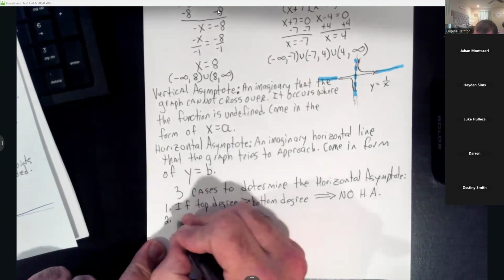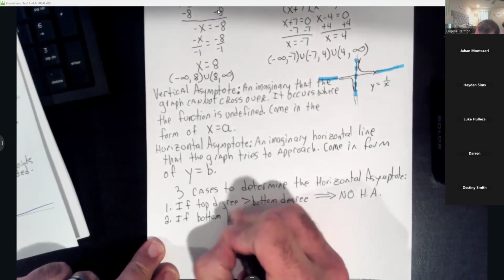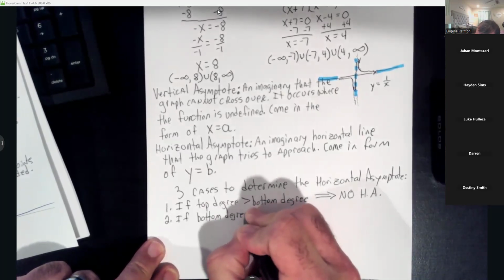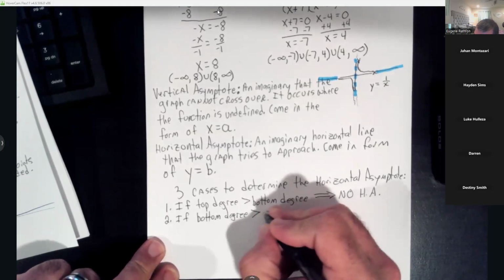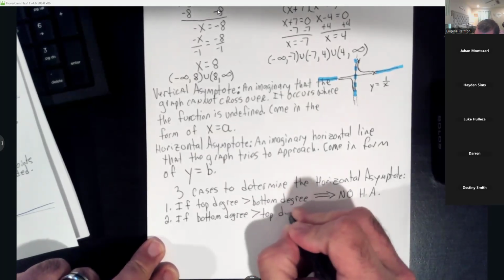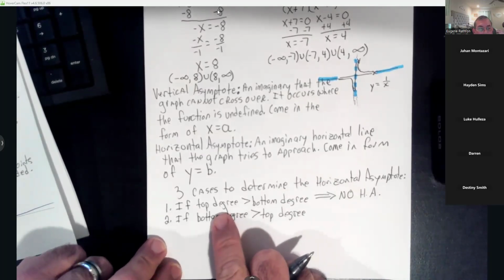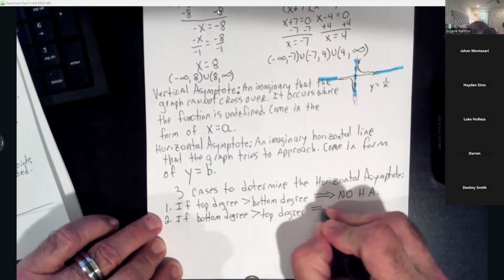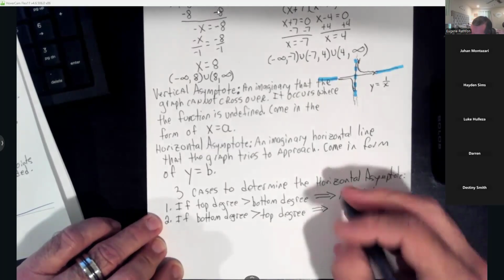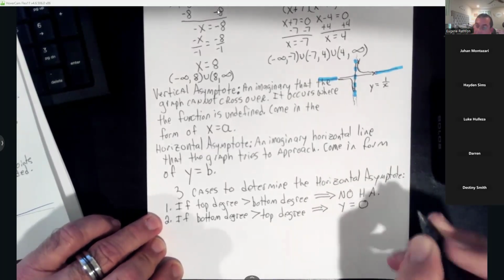Now, if the bottom degree is greater than the top degree, so if you got bigger exponents in the bottom than you do on the top, then your horizontal asymptote would be y equals 0.